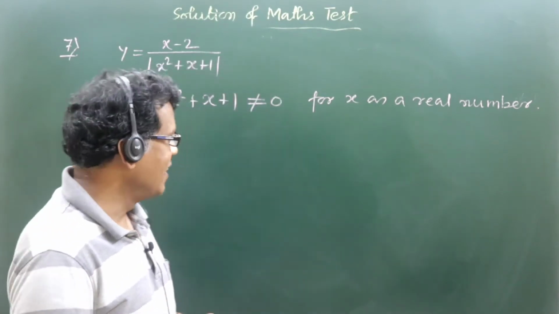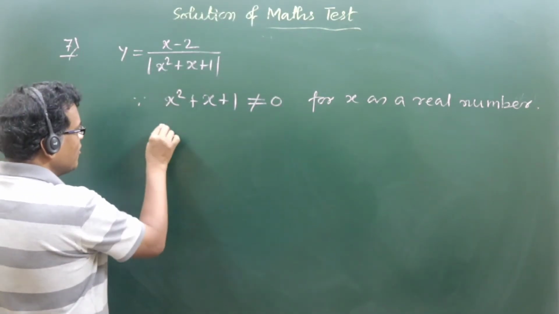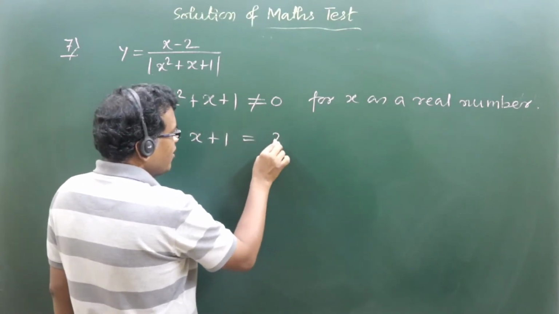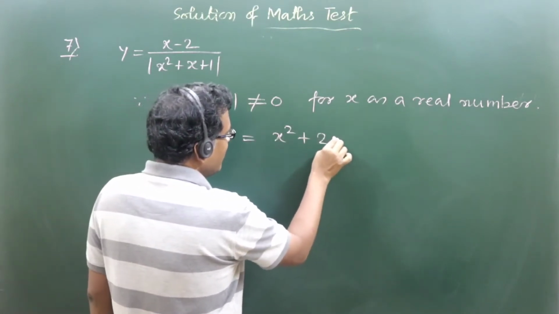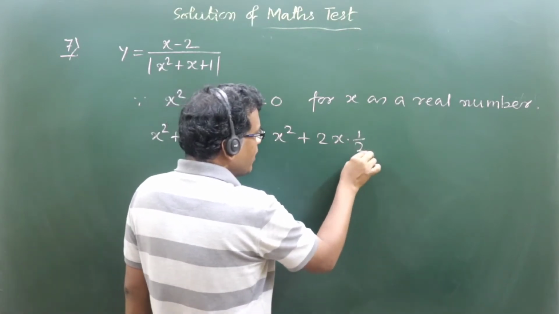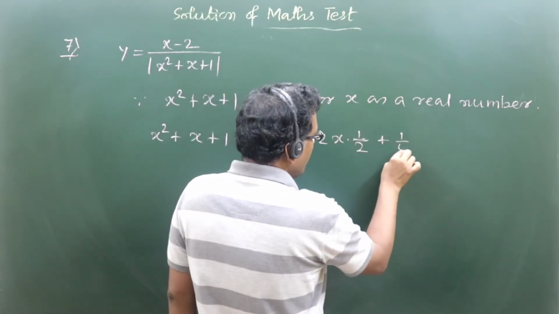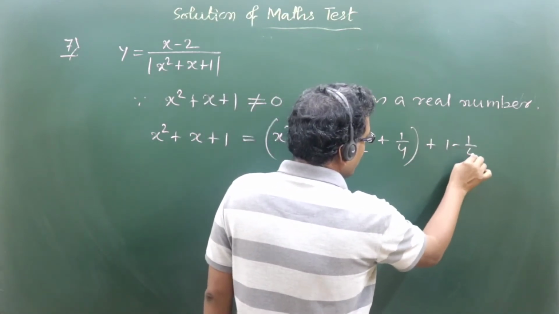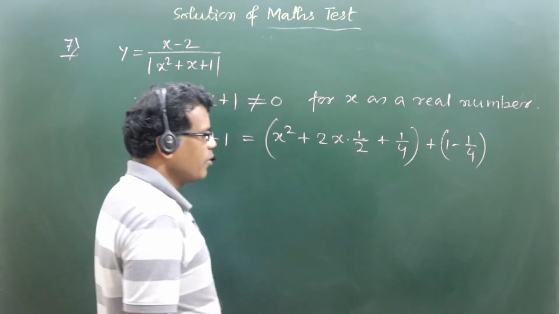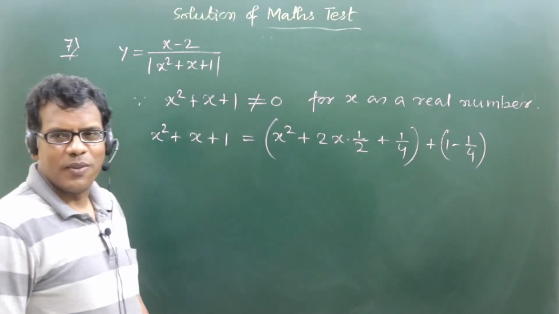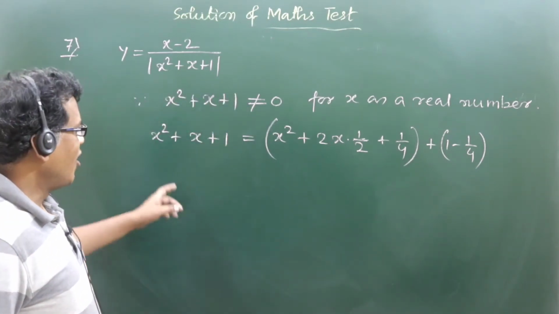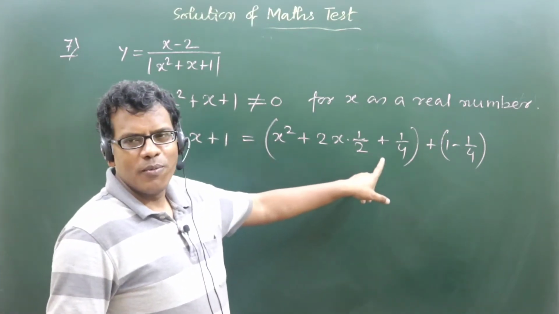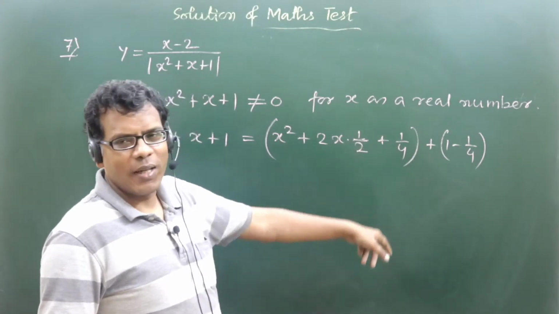against any real x. You can check it in another way also. Convert x square plus x plus 1 into x square plus 2 into x into 1 by 2 plus 1 by 4 plus 1 minus 1 by 4. I am trying to find the minimum value of the expression, converting x in 2ab form so that b square can be introduced.